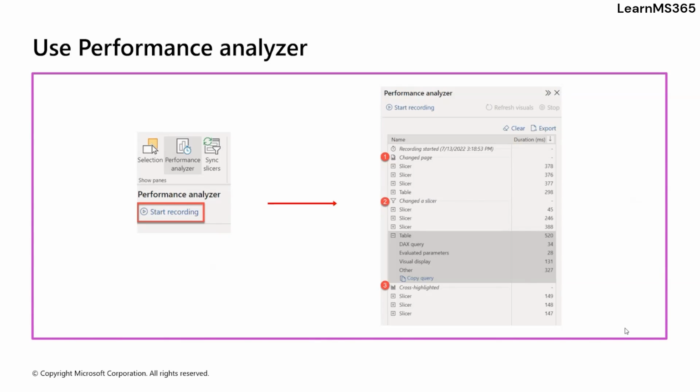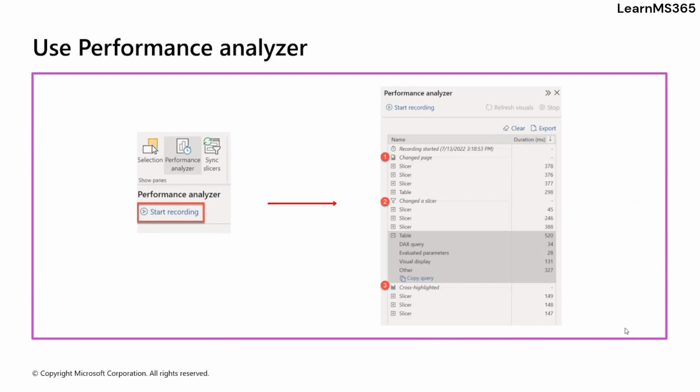Okay. Then the Performance Analyzer is looking at the time it takes for each visual to query the data model and render results. And this is the time from when a user does something on the page to when the visual is rendered, in milliseconds.